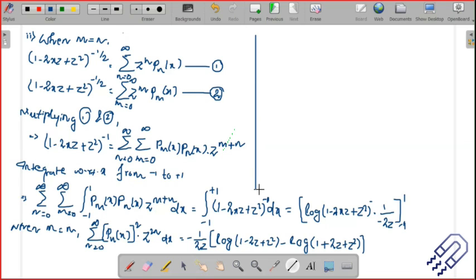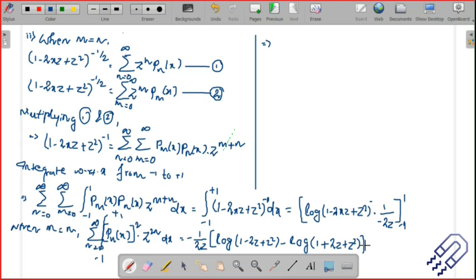Let me just keep it on this page only. So once we have this, we can just rewrite everything. On this side we are integrating, so the integration sign I did not put, minus 1 to plus 1. Okay, so we have this.